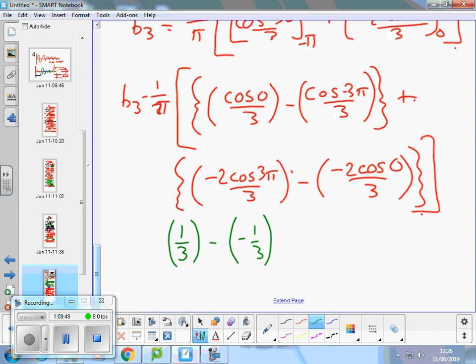Right or not? And that bit evaluates to 2 over 3, minus 2 over 3.